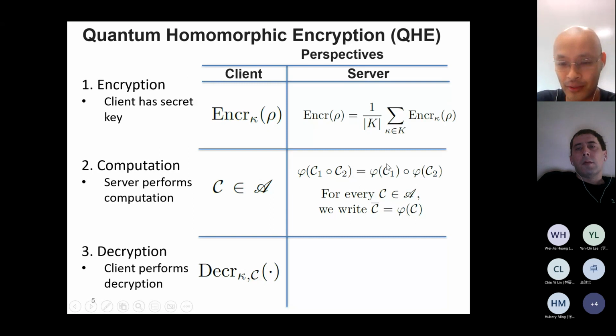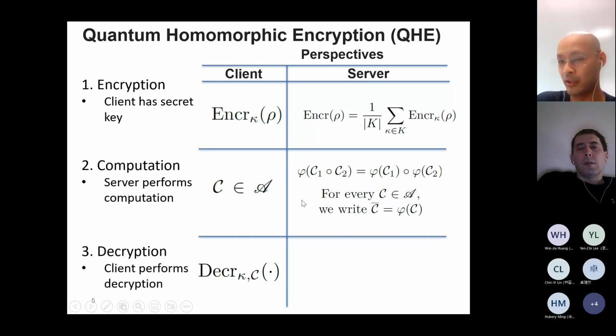And these homomorphisms will act on the encrypted states. It's cumbersome to write this map every time, so we can use the notation with the bar to denote that this group homomorphism has been applied.